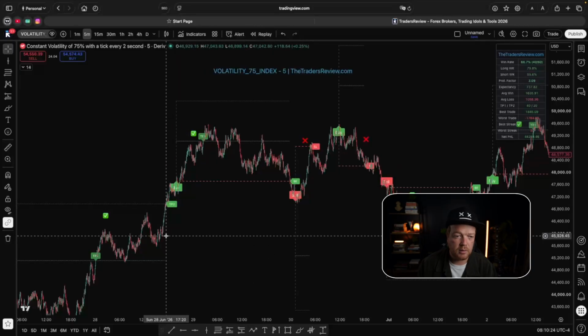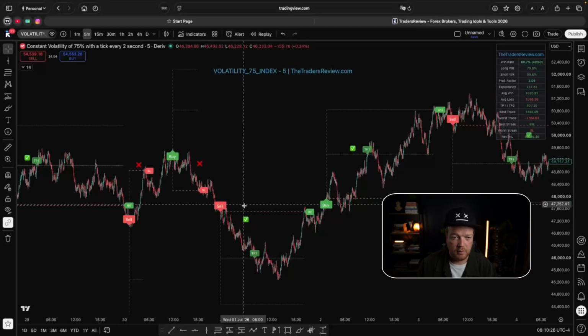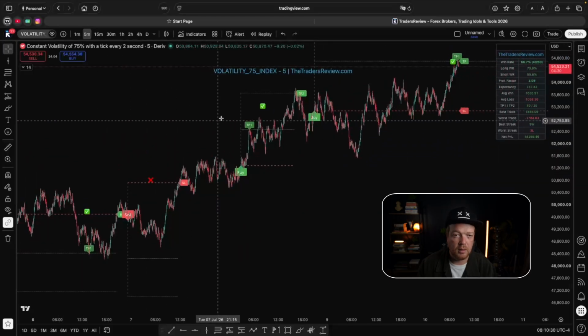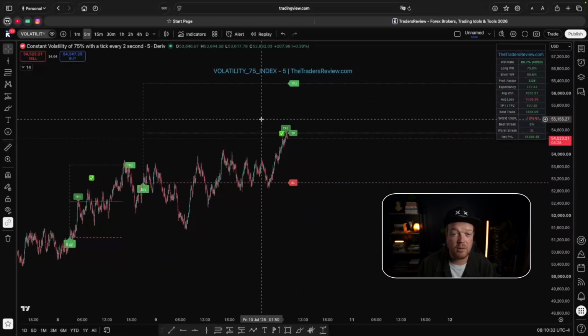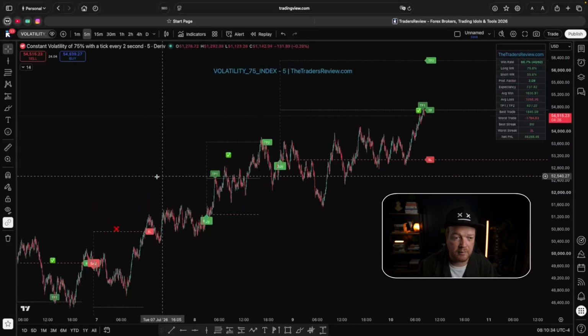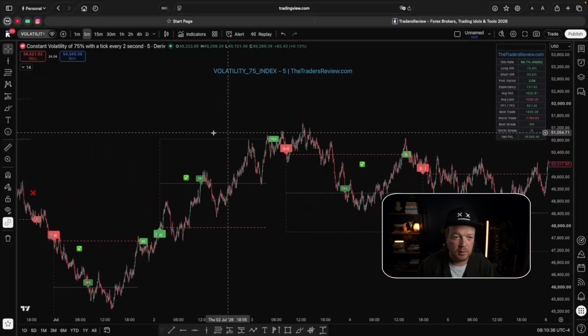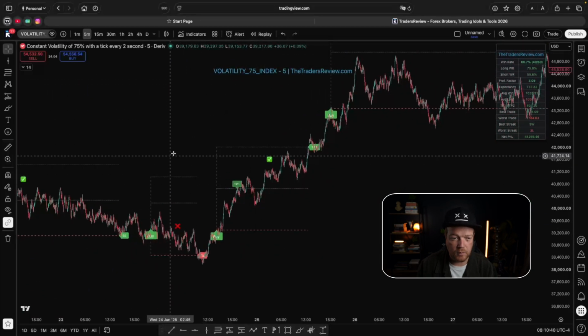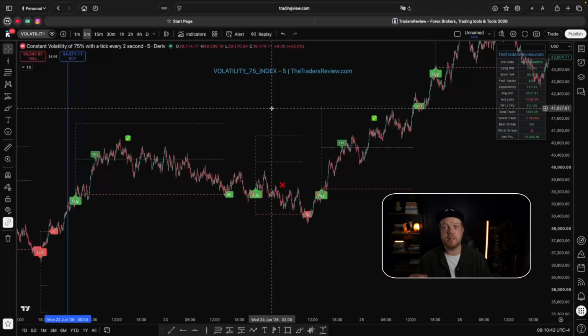So 1, 2, 3, 4, 5, 6, 7, 8, 9, 10 wins, and we have 1, 2, 3, 4 losses. 10 wins, 4 losses, 14 trades in total. Look at the risk on return.